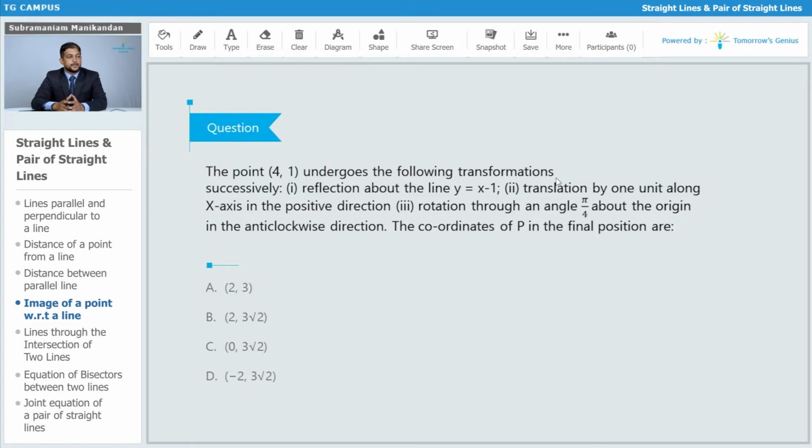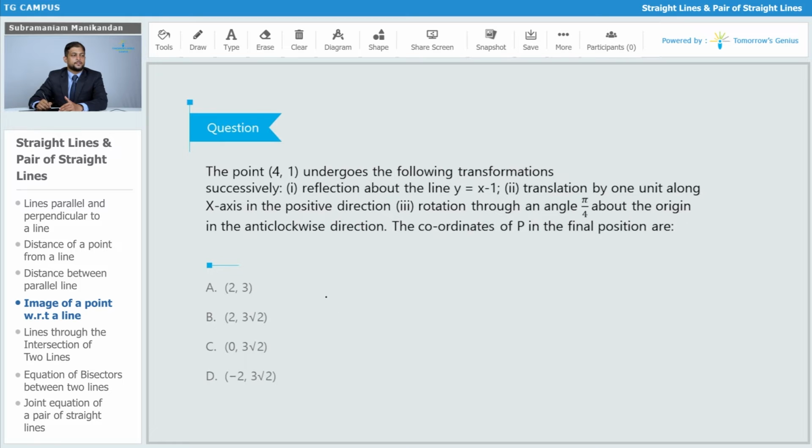So first thing, 4,1. So we need to have a rough picture of where 4,1 will be if we plot this point on a graph paper. It undergoes reflection about the line y equals x minus 1. So the next thing that we should have a rough idea about is where and in what inclination is the line y is equal to x minus 1 located.